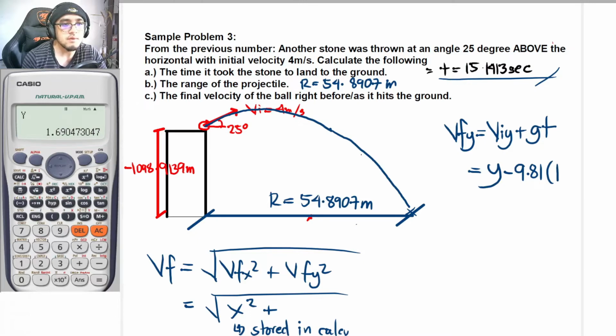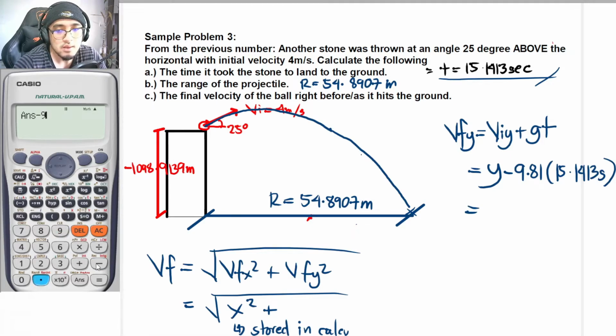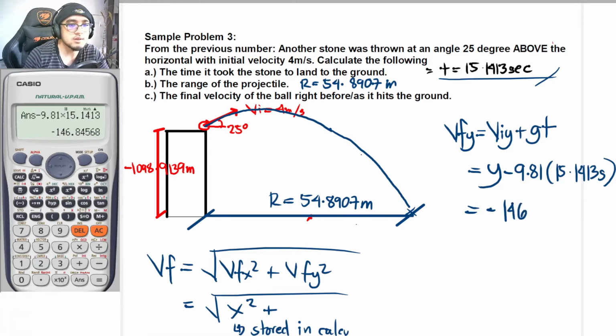And our time is 15.1413 seconds. So Y minus 9.81 times 15.1413. Our answer here is negative 146.84568 meters per second.